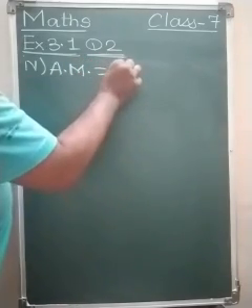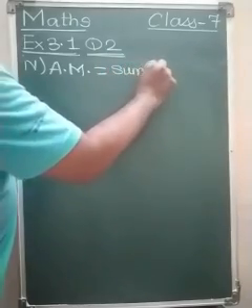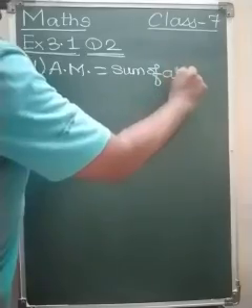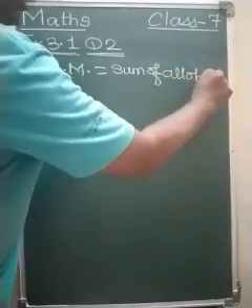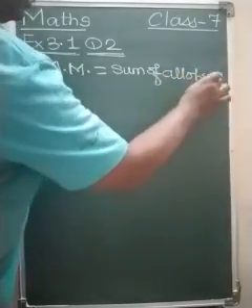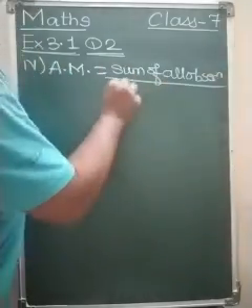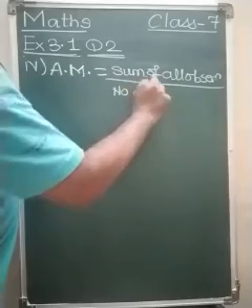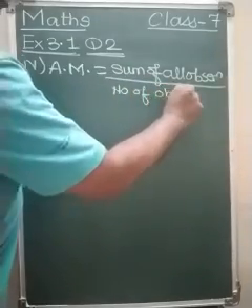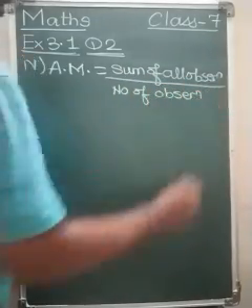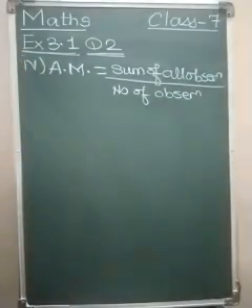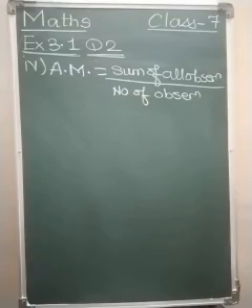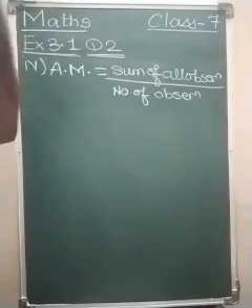Arithmetic mean equals sum of all observations divided by number of observations. Okay, sum of all observations.